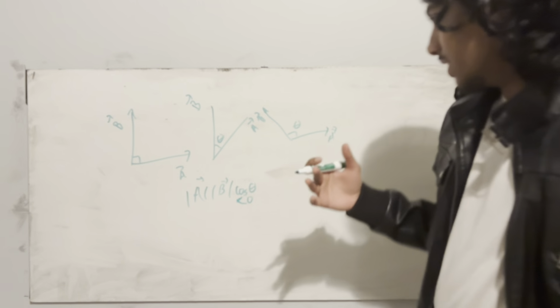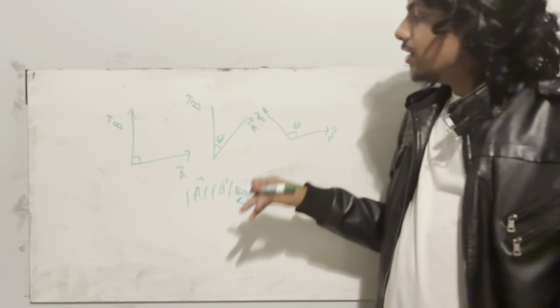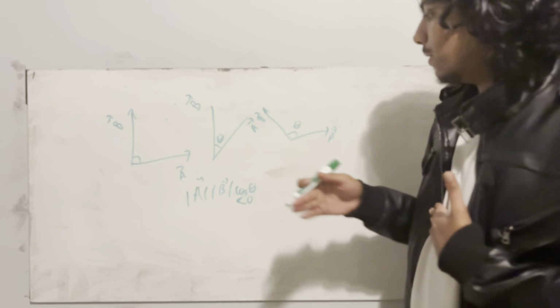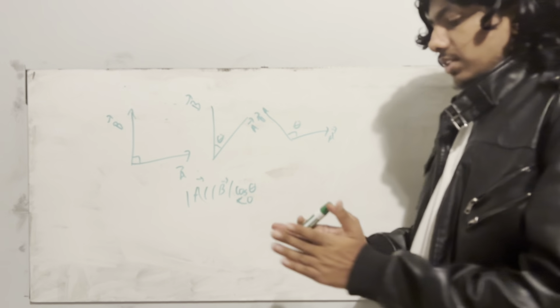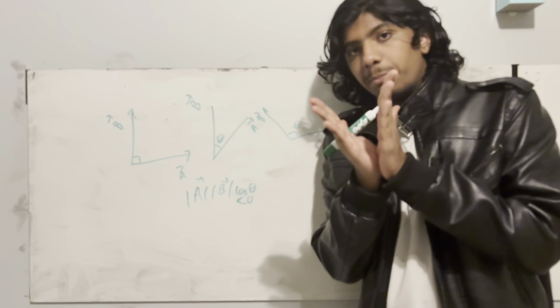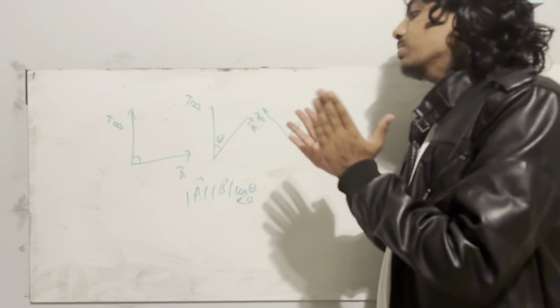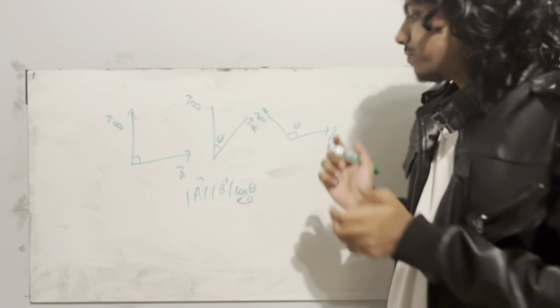You can't have a negative length of a vector, so this is always positive. So if the dot product is positive, the vectors are pointing in more or less the same direction, which means they form an acute angle.